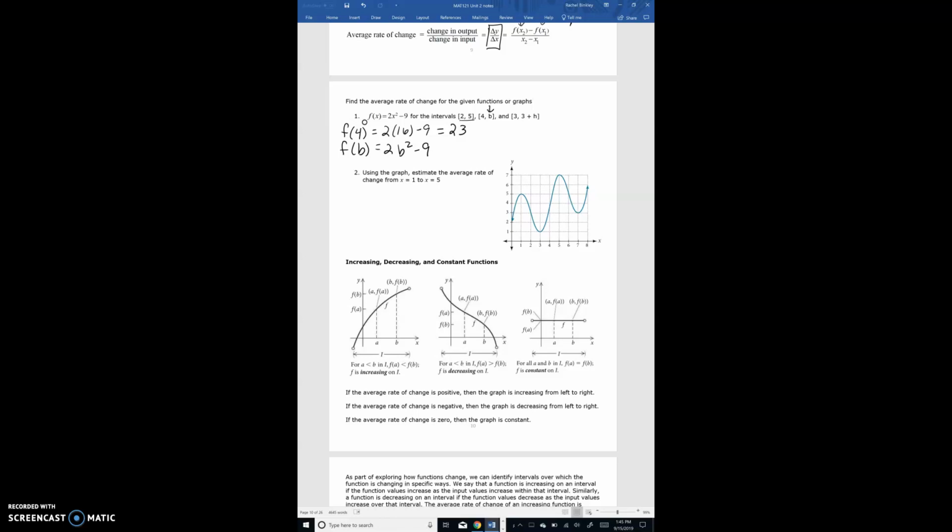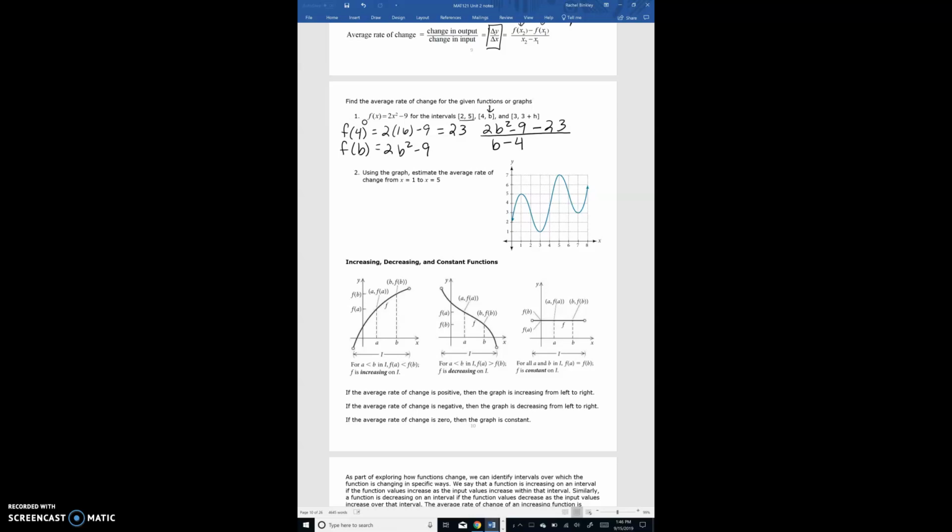So what that's going to look like is 2b squared minus 9 is my y2 minus my y1 is 23, my first output. My second output minus my first output divided by my second input minus my first input.